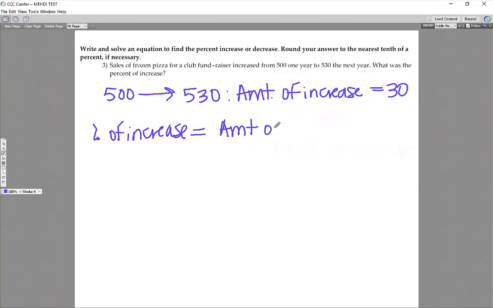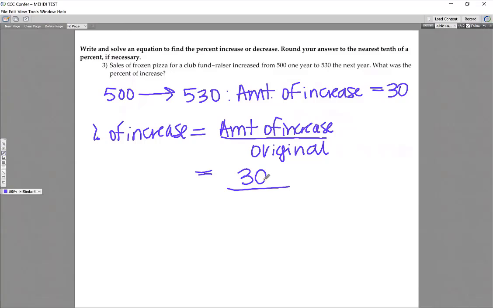So we have the amount of increase over the original. So that is 30 over the original of 500.